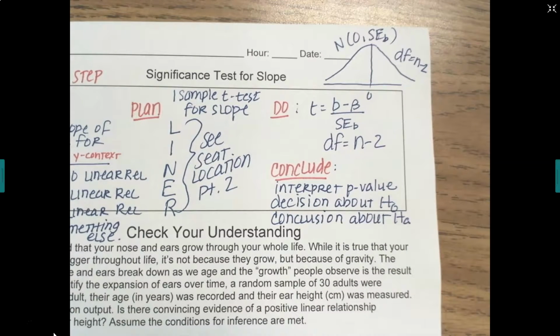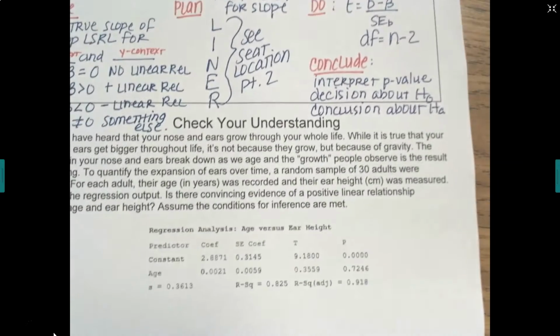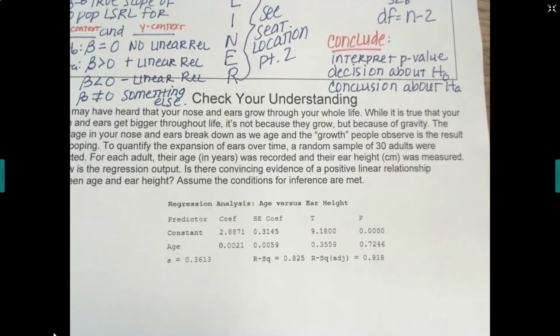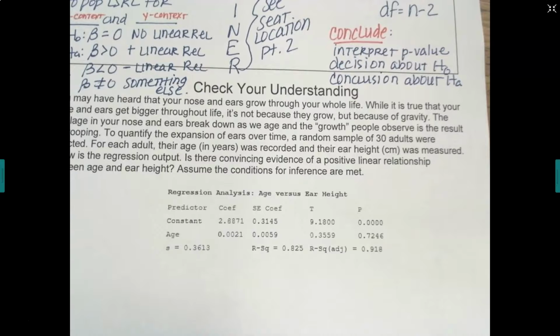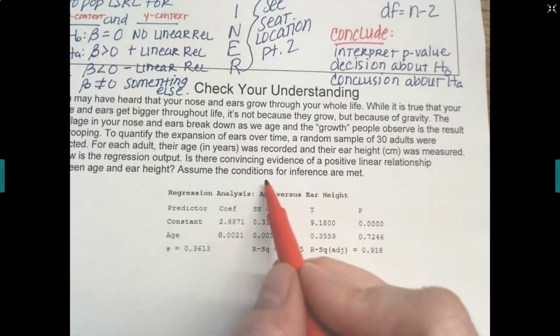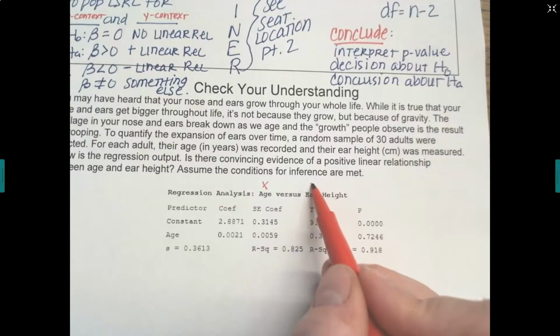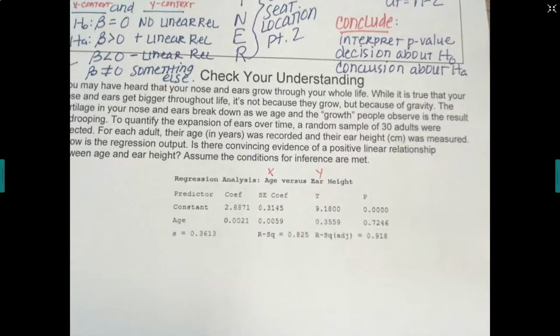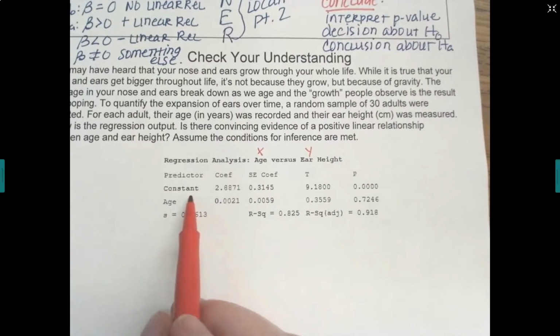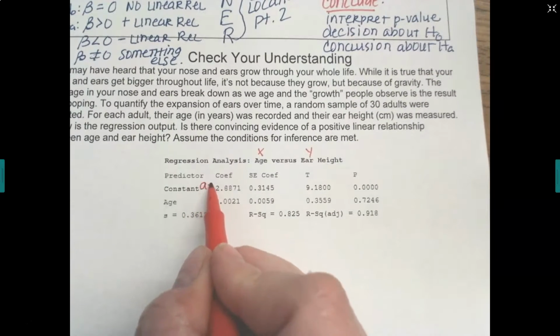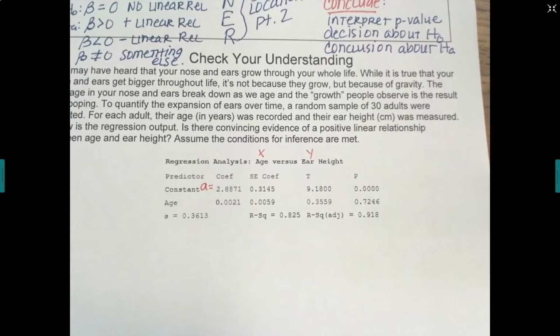All right, so in your scenario, we revisit the ears growing throughout your lifetime. There's a Minitab output here. So this is age versus ear height. The age was the x value, the ear height was the y value. Constant, remember, is your y-intercept.